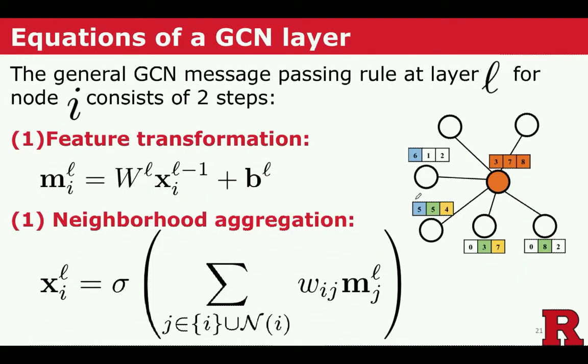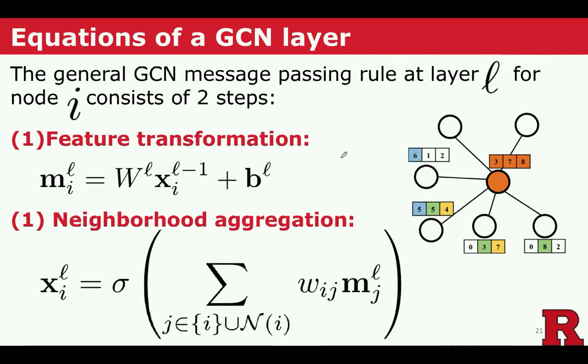Now I'm going to quickly review the basic mathematical details of spatial-based GCN. GCNs are usually constituted by stacking multiple GCN layers. A GCN layer is basically performing message propagation and updating on the nodes.